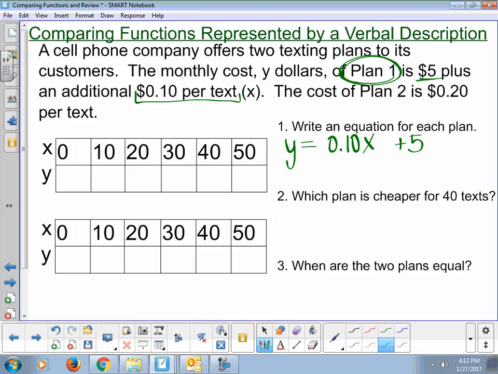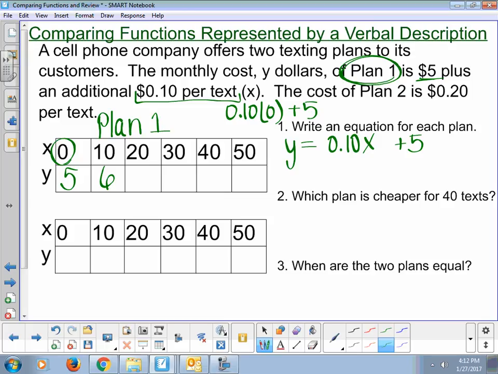If we fill in our table for plan 1, our x values are already given to us. If you plug in 0 for x, we would do 0 times 0.10 plus 5, and you get 0 plus 5, which is 5. For 10 text messages, 10 times 10 cents is 1, 1 plus 5 is 6.